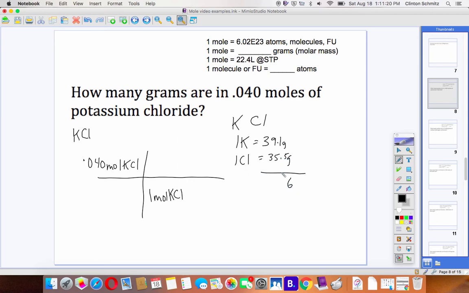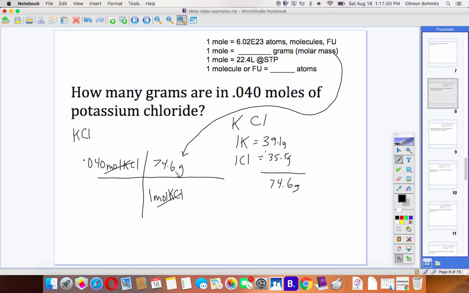So 5 plus 1 is 6, 9 and 5 is 14, 6, so we get 74.6 grams. So for every 1 mole of that, you have 74.6 grams. Okay, I'm putting the molar mass that I added up right there. Then I know that I'm done with the problem because the moles cancel. It's asking for grams, and that's my last unit there.